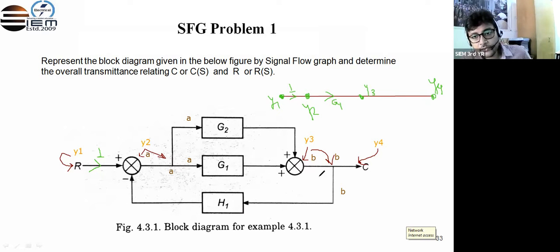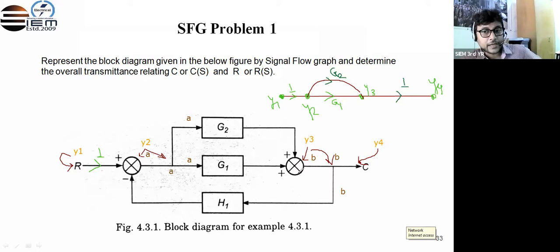Another path from Y2 to Y3 is also there, that is G2. Now this forward path is done, and from Y3 to Y4, the value is 1, because Y4 by Y3 is 1.